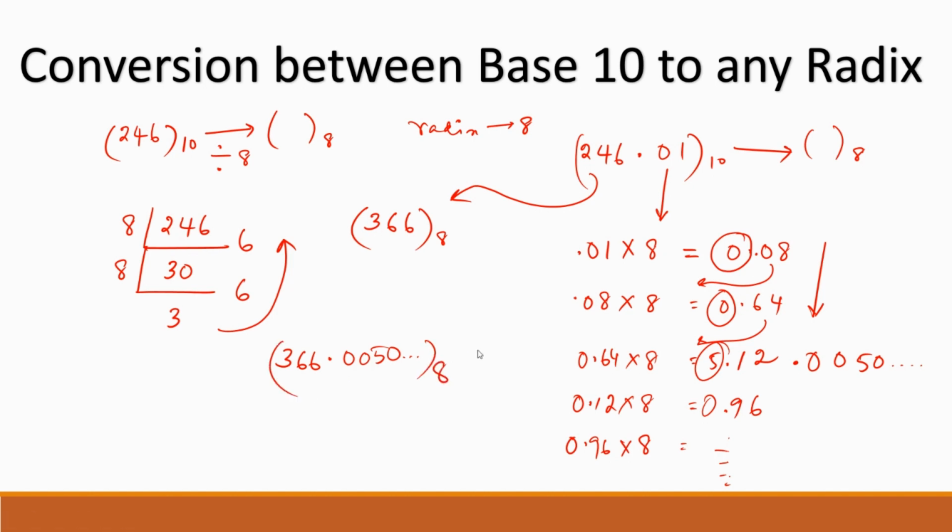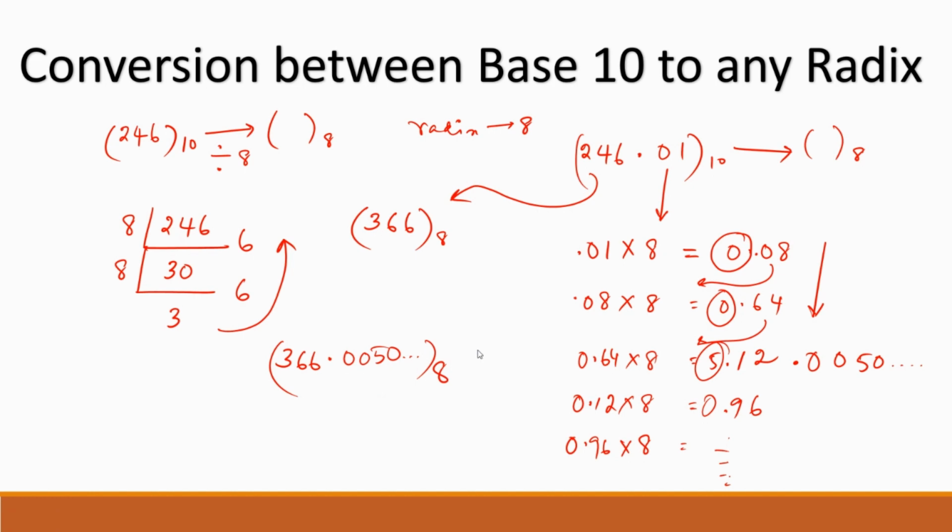This is how we deal with the decimal portion of my base 10 number. If it is the integer part, I have to repeatedly divide it by the radix to which I want to convert. If it is the decimal portion, or the fractional part, I have to multiply it repeatedly with the radix to which I want to convert it.